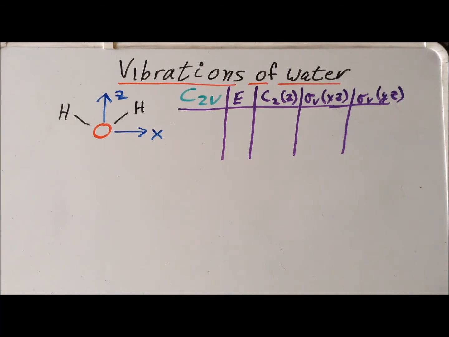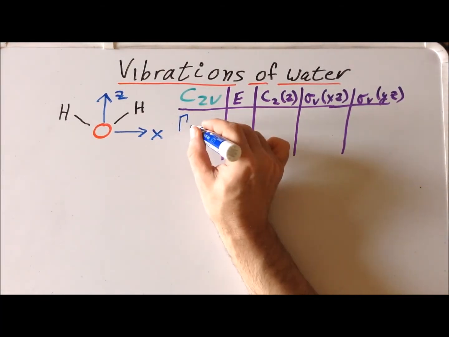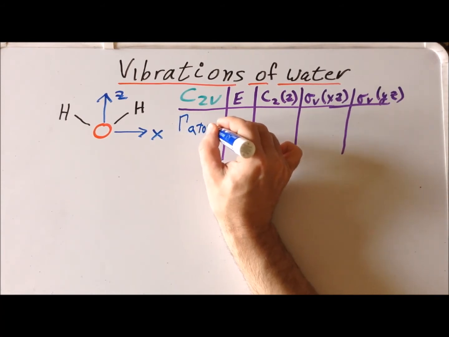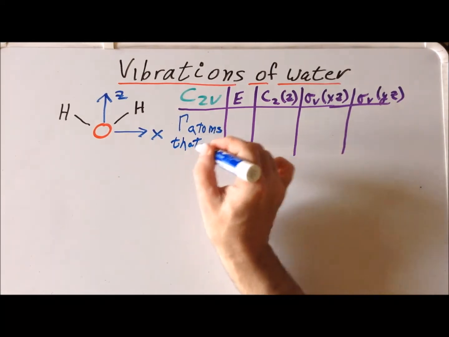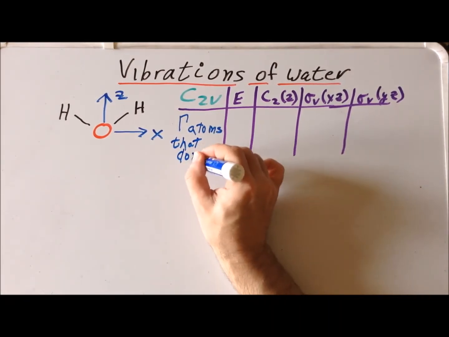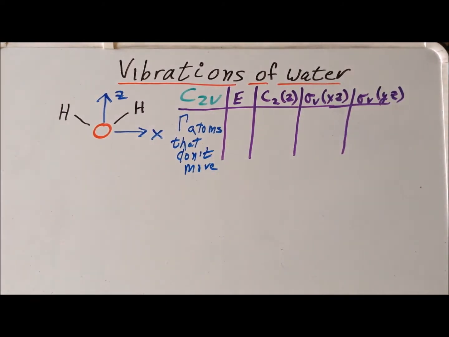For the first line, we want to make a reducible representation for the atoms that don't move under each symmetry operation. Atoms that don't move is a good description of this particular representation.